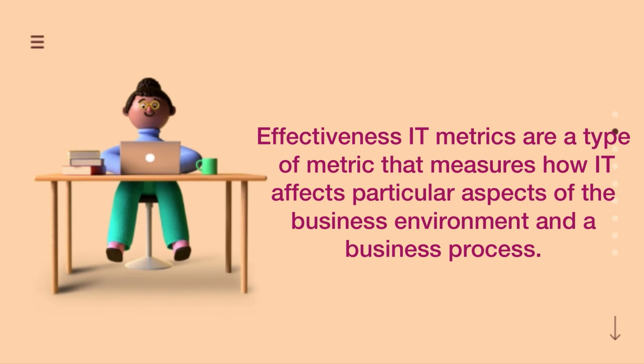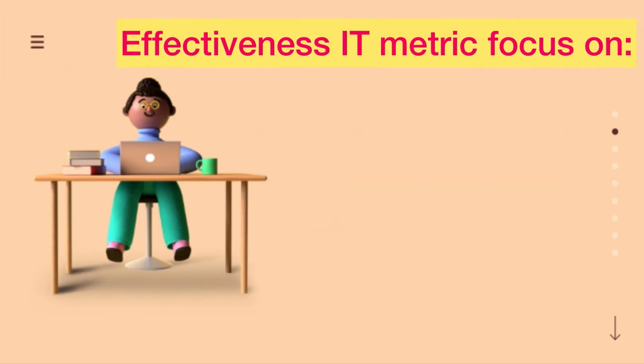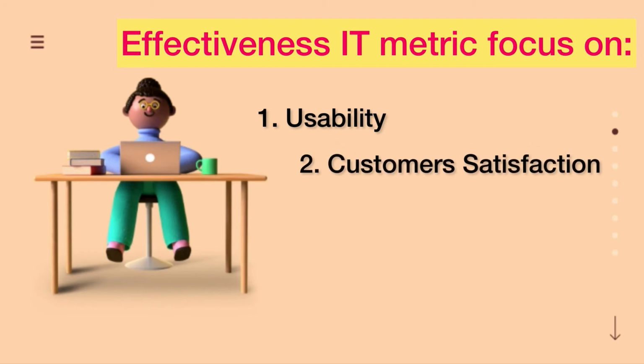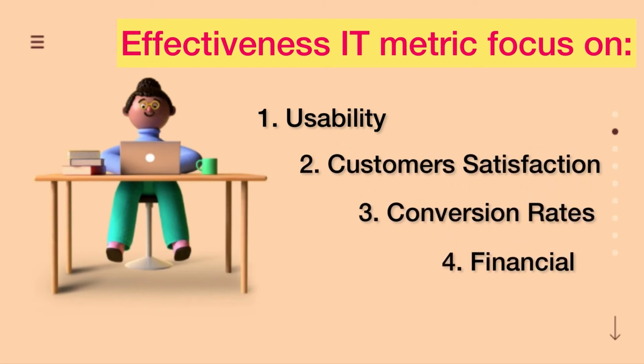Second, there are effectiveness IT metrics. Effectiveness IT metrics are a type of metric that measure how IT affects a particular aspect of the business environment and a business process. And these effectiveness IT metrics focus on usability, customer satisfaction, conversion rates, and also financial.